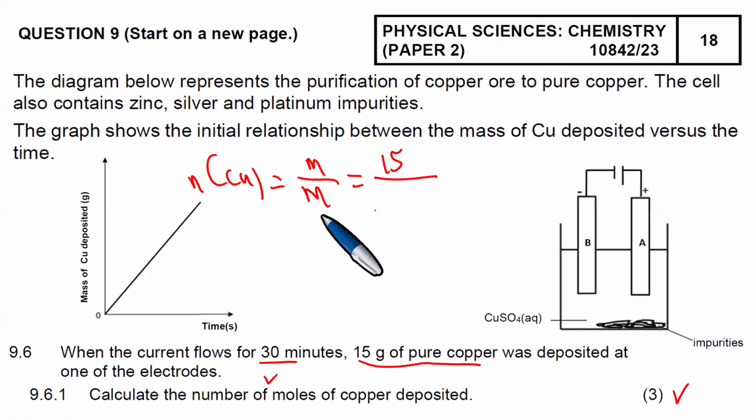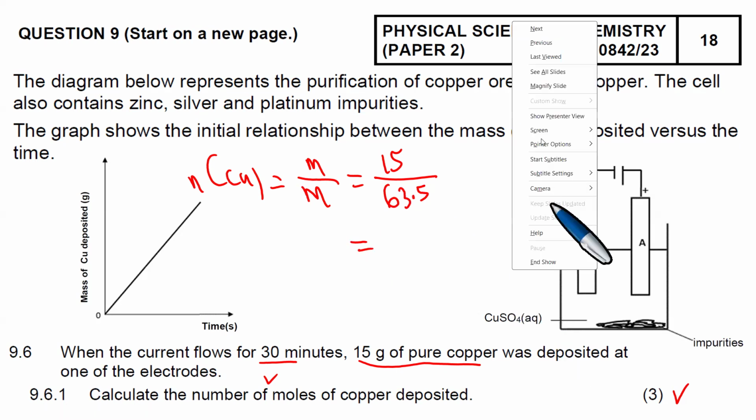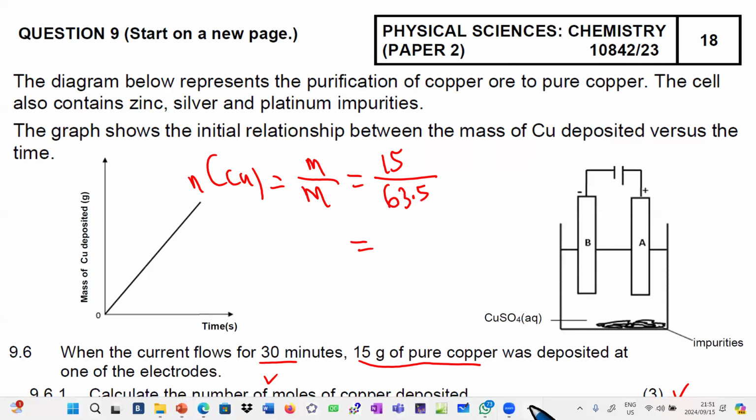Which is 63.5 grams per mole. And therefore, this means the following.